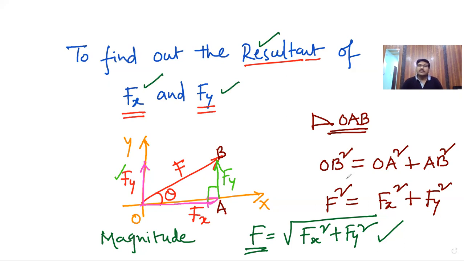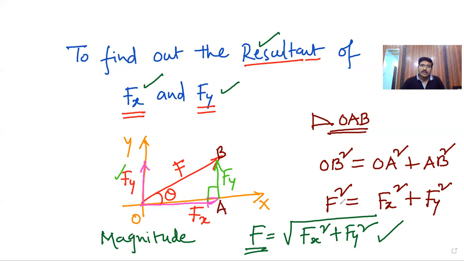To find out the resultant is very simple. Provided a force along x is given and a force along y is given, construct a right angle triangle, and then use the simple concept of Pythagoras theorem. Then you will get the magnitude. The resultant of the vector is F equals under root of Fx square plus Fy square.